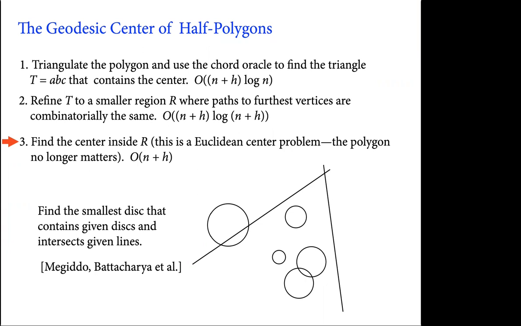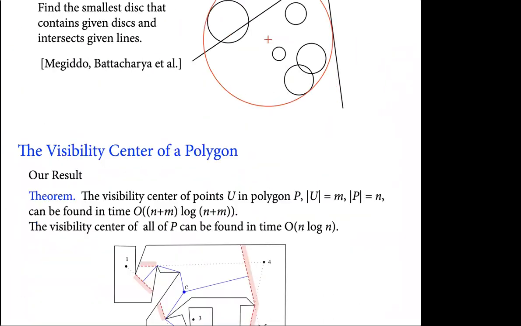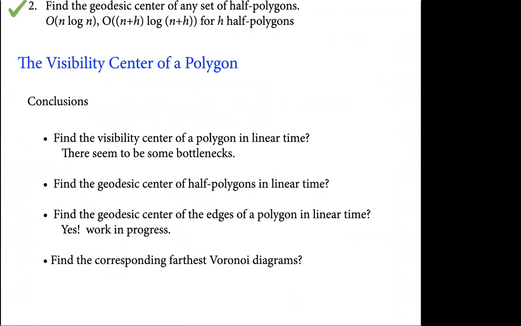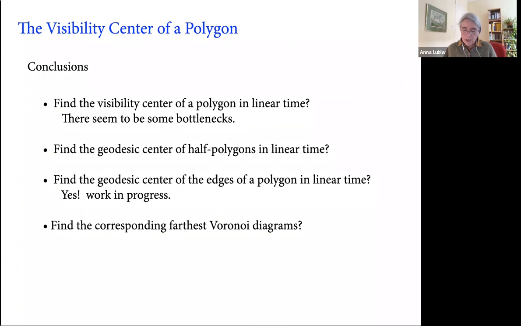I was referring to the work that you described as in progress, that instead of seeing a point, it's enough to see the edge. I was imagining reaching the edge, not seeing the edge. So I was not thinking of visibility to the edges, but rather a version of the half polygons where each half polygon is almost empty on one side.